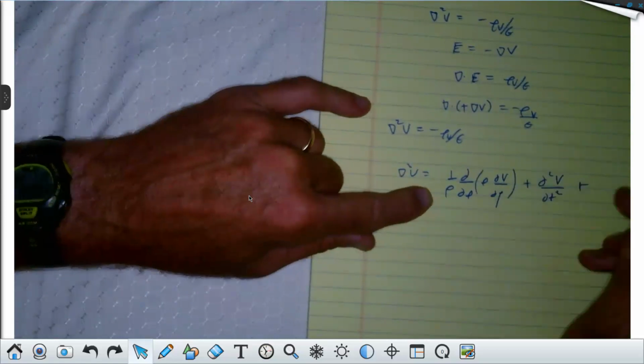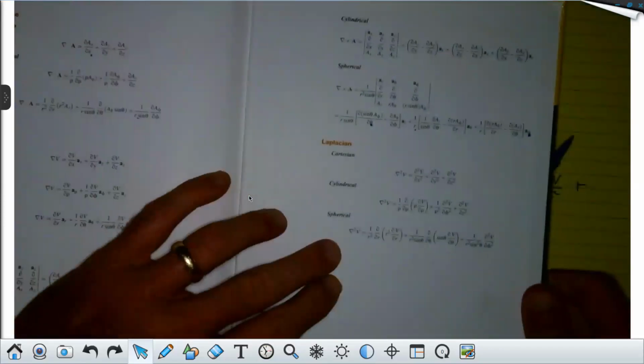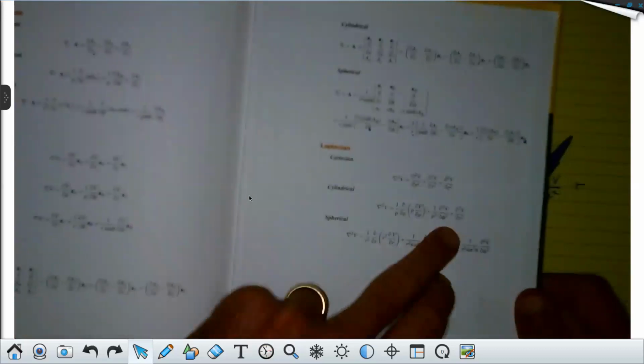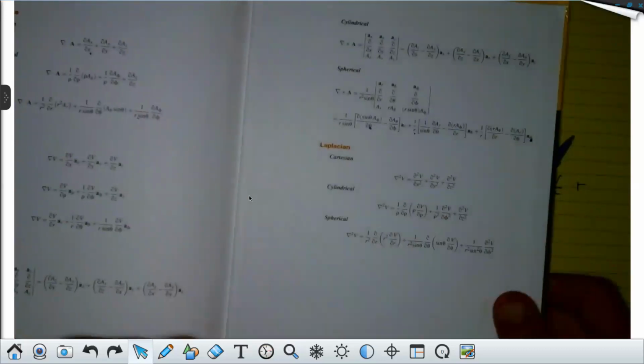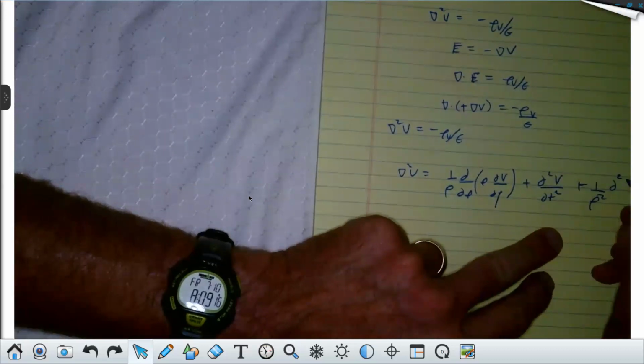And in his book, I don't know if he has, or he does have it at the back. If you're wondering where I'm getting this, look in the very back cover of your book, in cylindrical coordinates. I'm using the middle one. And then you have plus 1 over rho squared times the second derivative of V with respect to phi squared.